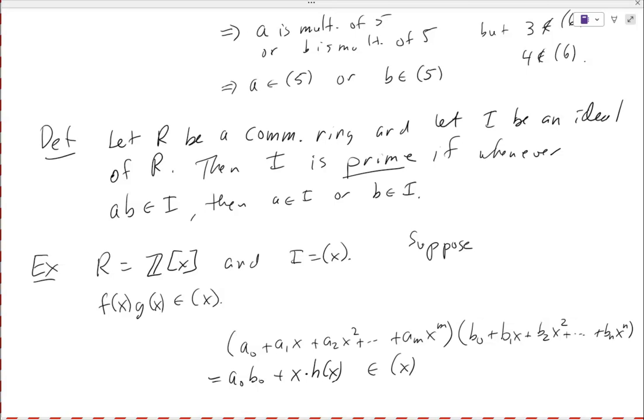Well, if I cover this up, where does this thing live? In the ideal generated by x, doesn't it? That's exactly how it's defined, isn't it? Okay. So if this whole thing is in the ideal generated by x, and this piece is, what can I say about this? In general, it has to be in the ideal, right?